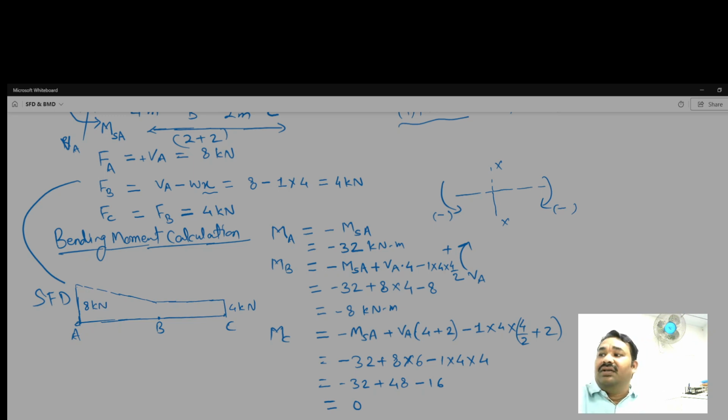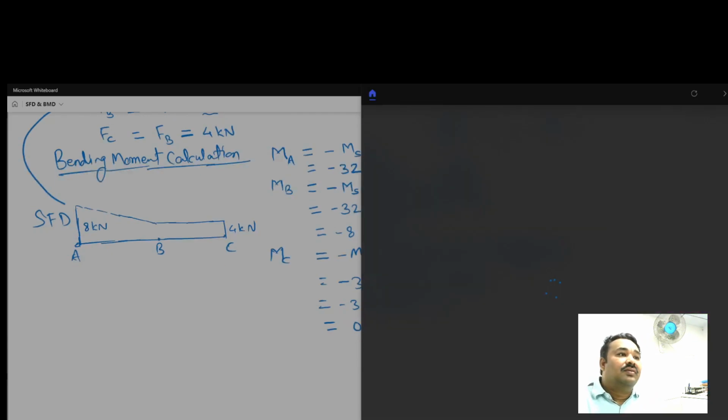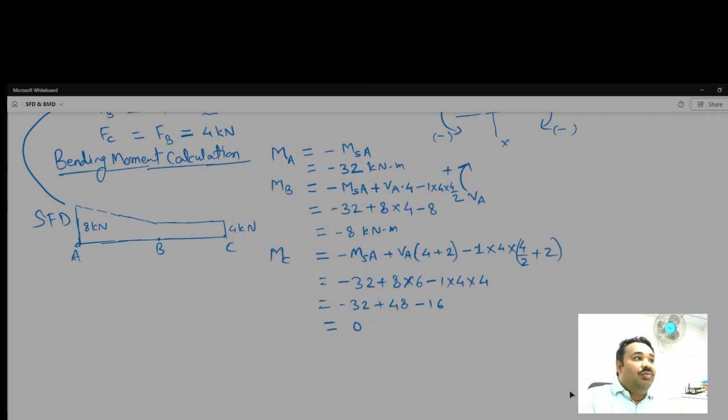Similarly for the bending moment, we can draw the BMD. It is A, B, then C, and here the magnitude we got is minus 32. And what about at B?